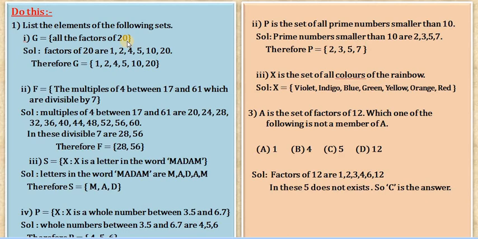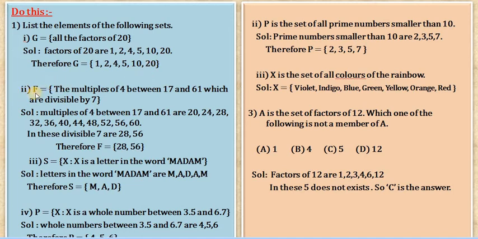For 20 you write the different products, 1 into 20, 2 into 10, 4 into 5. Now from this you take the different values, then the factors will be 1, 2, 4, 5, 10, 20, isn't it? Therefore G is equal to {1, 2, 4, 5, 10, 20}.